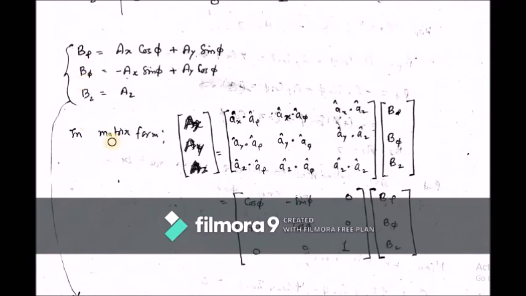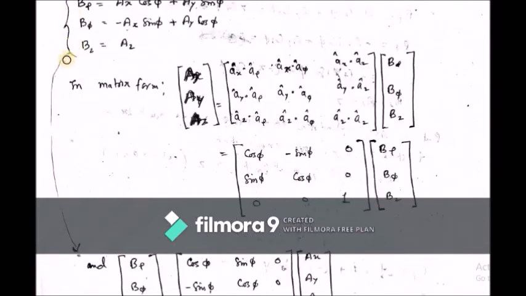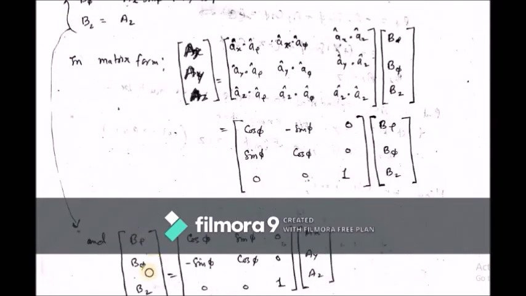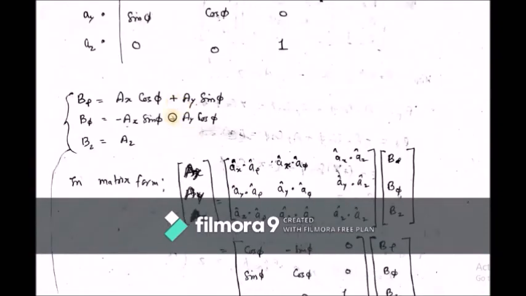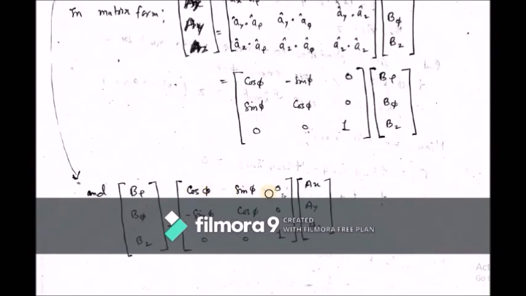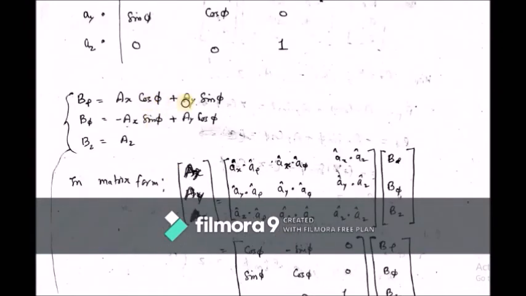So this can be written like b rho, b phi, bz, then ax, ay, az, and here it will be cos sin 0, minus sin cos 0, 0 0 1. See, from here cos sin 0, minus sin cos 0, 0 0 1, because this is az.